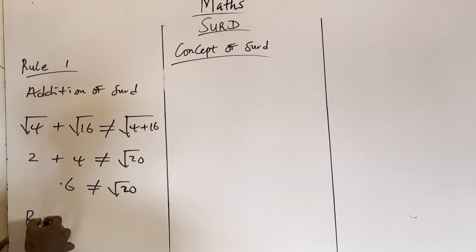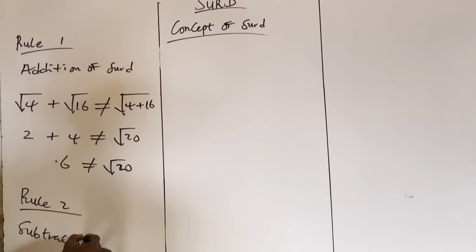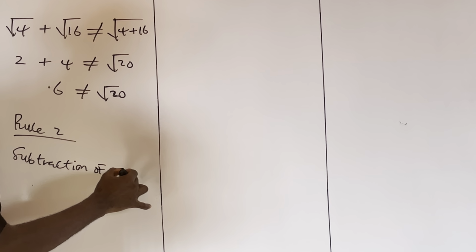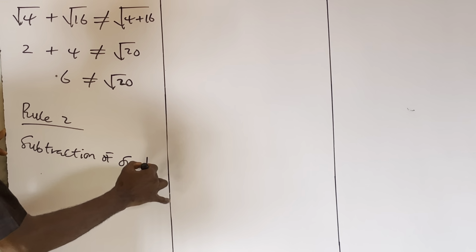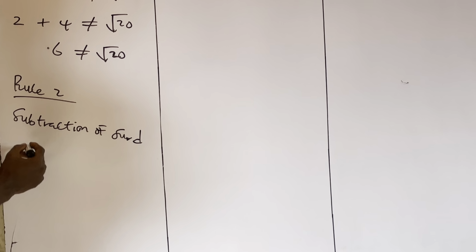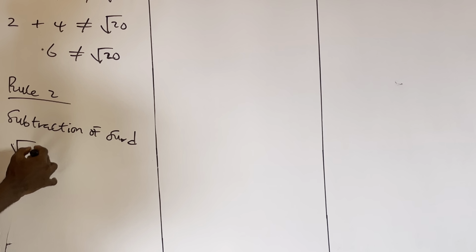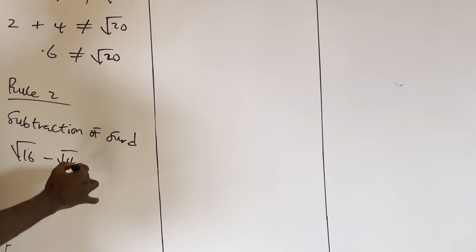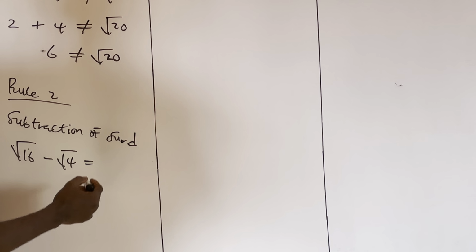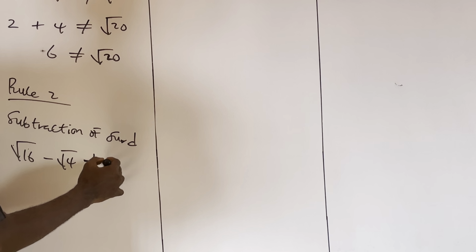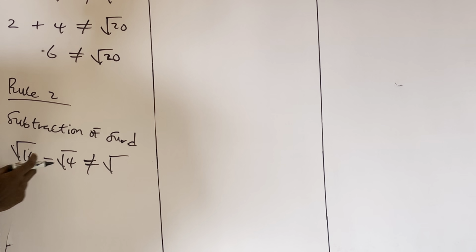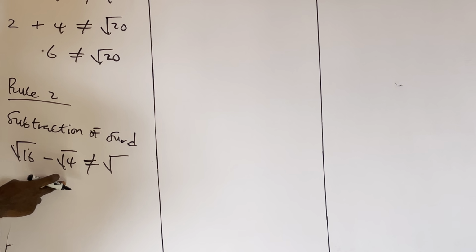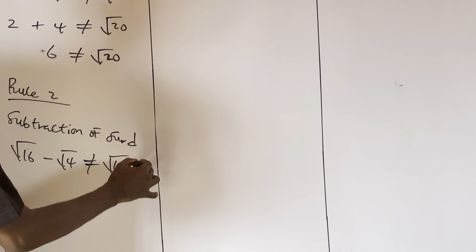Now, rule 2, subtraction of surds. When you have root 16 minus root 4, it is also not equal to root 16 minus 4.